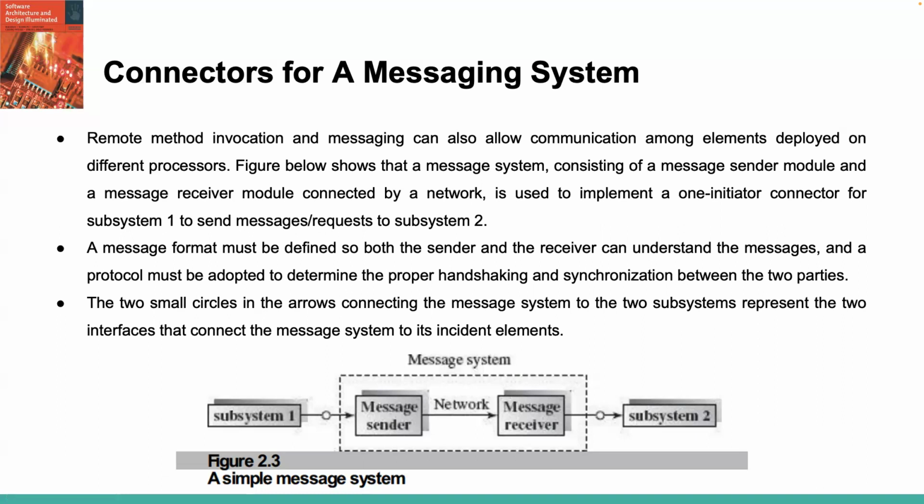These circles represent the interfaces that connect the message system to the elements. Interface 1 connects subsystem 1 to the message system's sender module. Interface 2 connects subsystem 2 to the message system's receiver module. These interfaces define how two subsystems talk to the messaging system, making sure the communication is seamless and understandable.